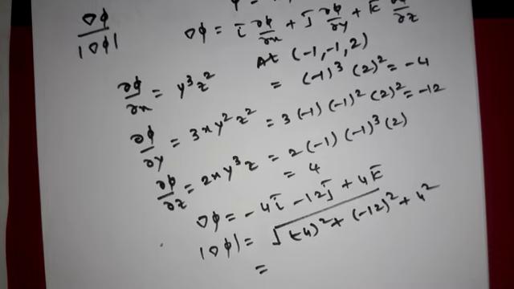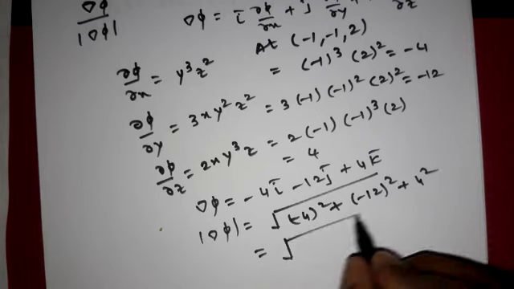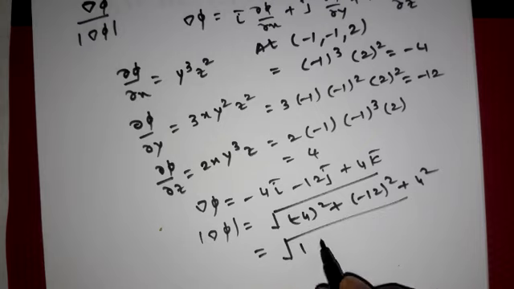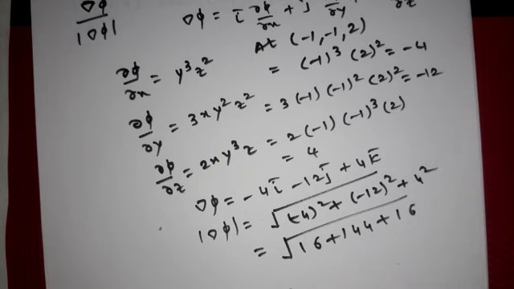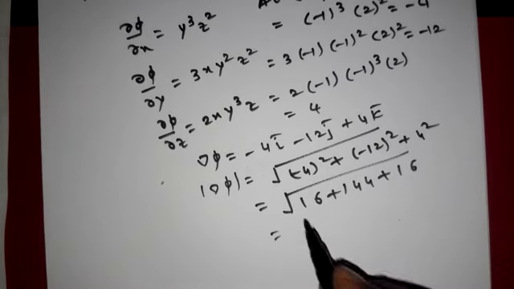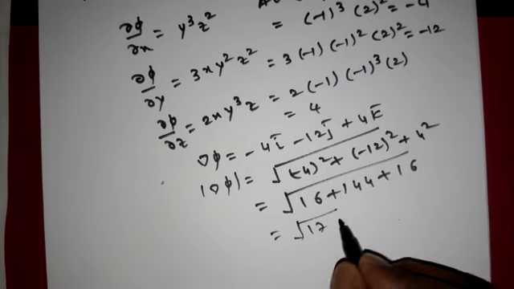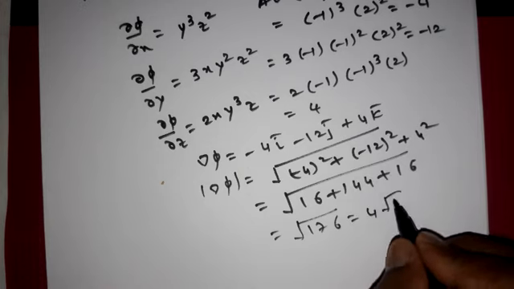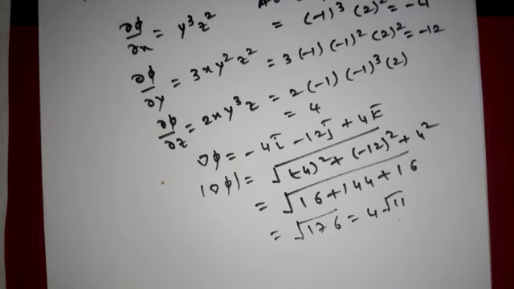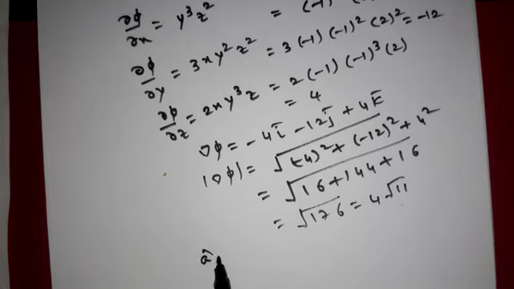So your answer is under root of 16 plus 144 plus 16. So here 176, root of 176, or you may write 4 root 11. You can simplify and write down. Now a cap, unit normal, right? A bar upon mod of a bar.